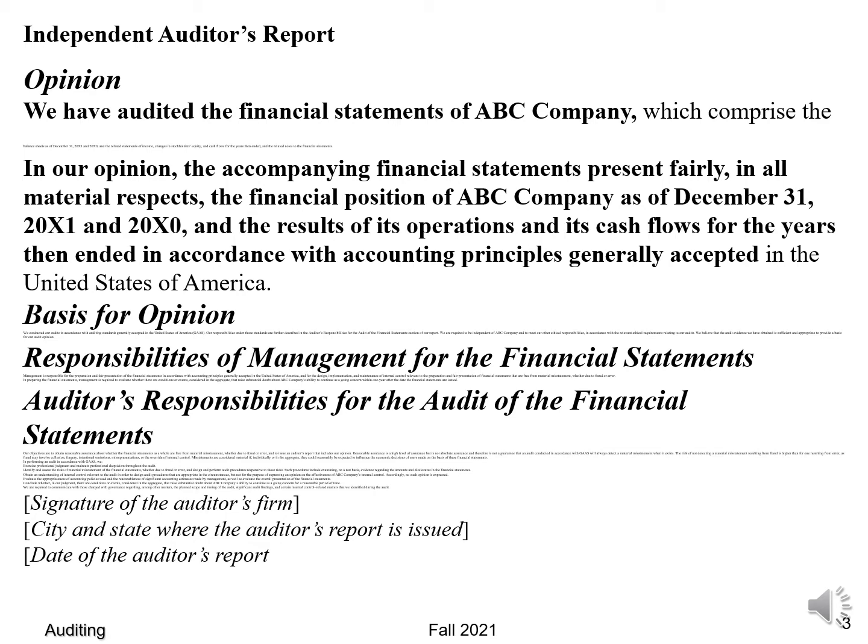Okay, so there's a bunch of words there, but all opinions, not all reports, but all opinions start out, in our opinion, the financial statements present fairly in all material respects. What do they present? The balance sheet, the income statement, the statement of retained earnings, the statement of cash flows.